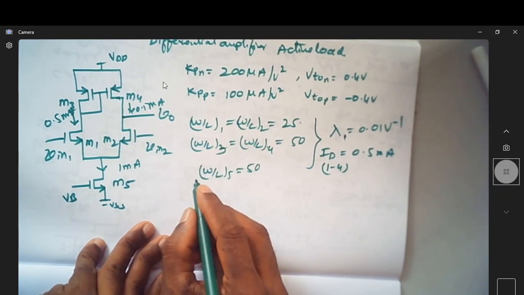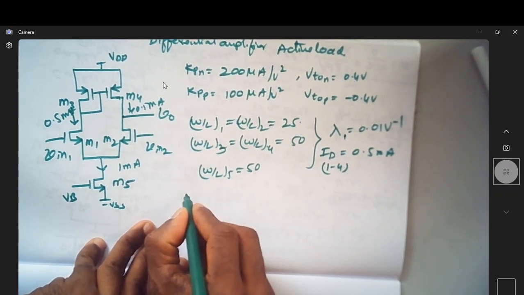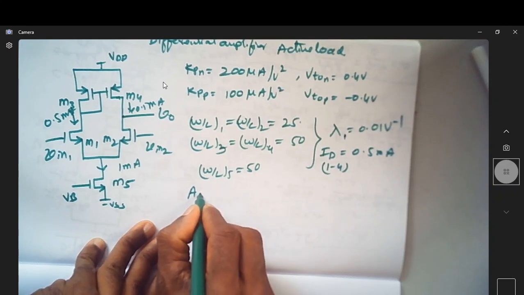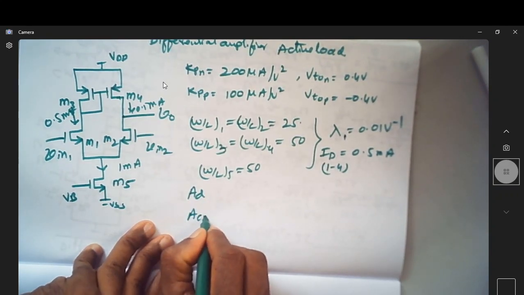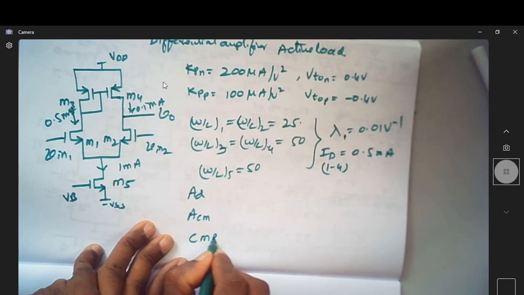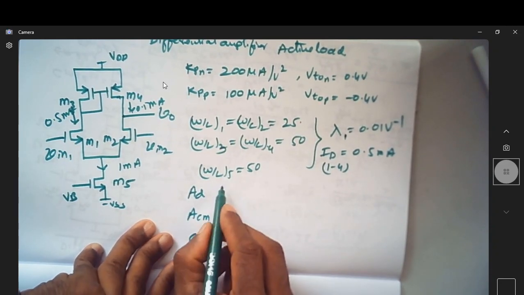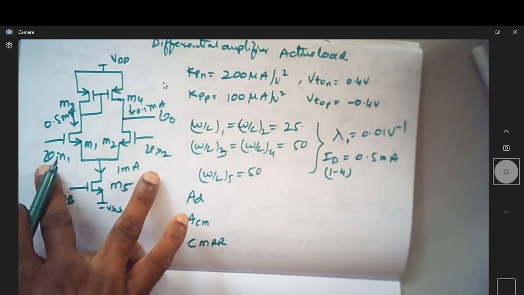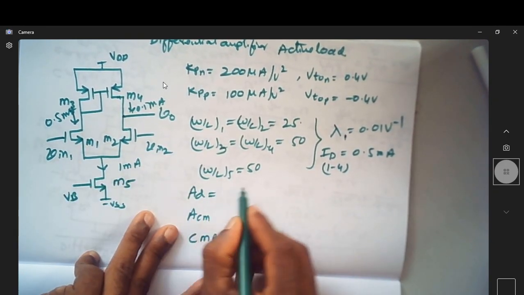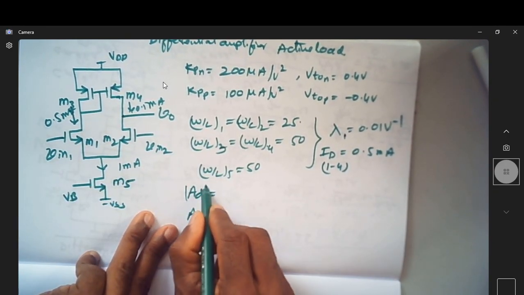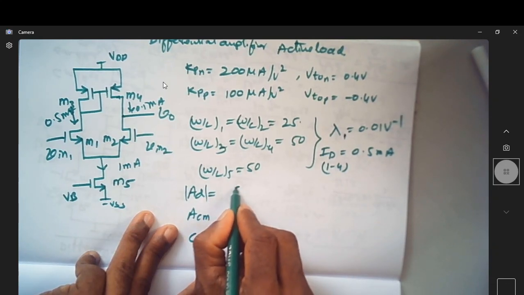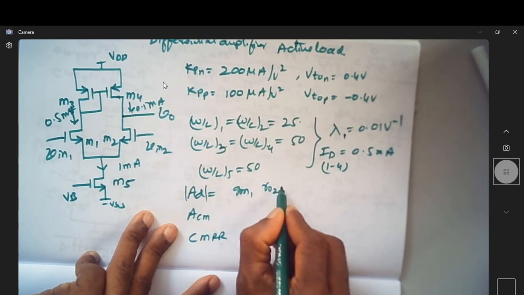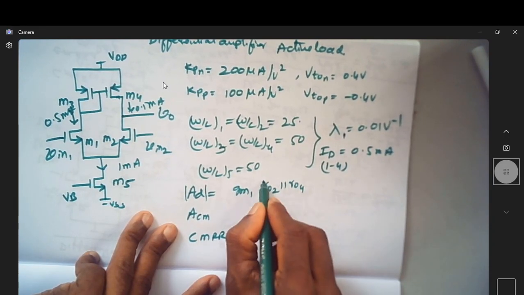Now we are asked to find the differential gain, the common mode gain, and finally the CMRR. We know the expression for the differential gain when the two inputs are different, taking only the magnitude, is GM1 into R02 parallel with R04.